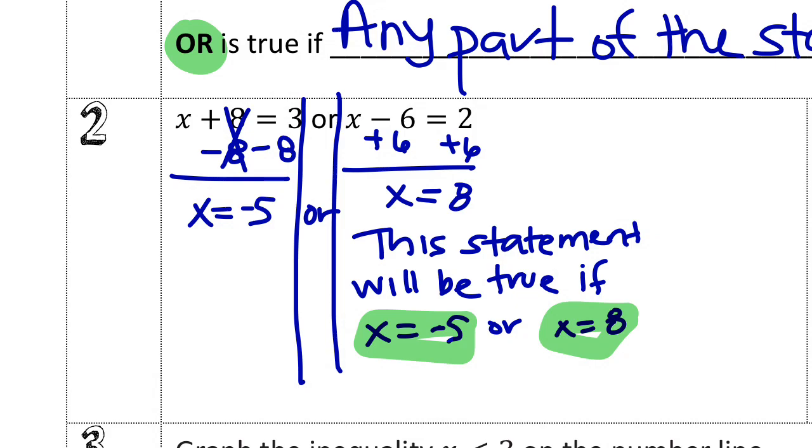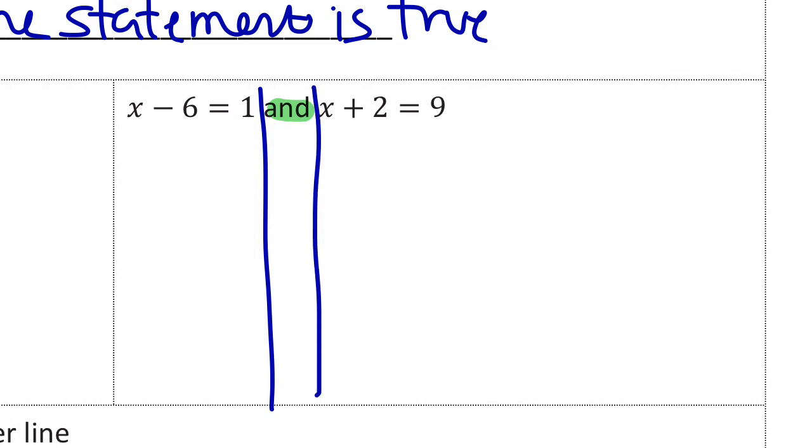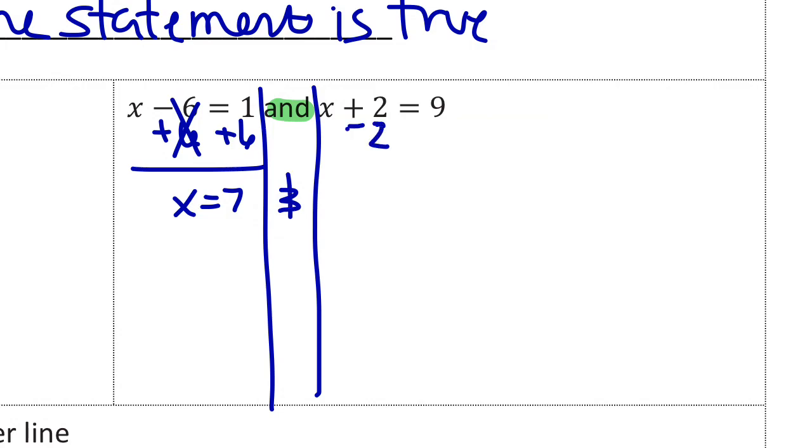Okay, let's take a look at this next statement right next door. This is also a compound statement, but you'll see that this one has and, not or, but it still splits our statement into two parts. So let's look at what has to happen here to make this equation true. On the left-hand side, we need to add our 6 to both sides, and we get x equals 7. And we're going to subtract 2 from each side. We get x equals 7.